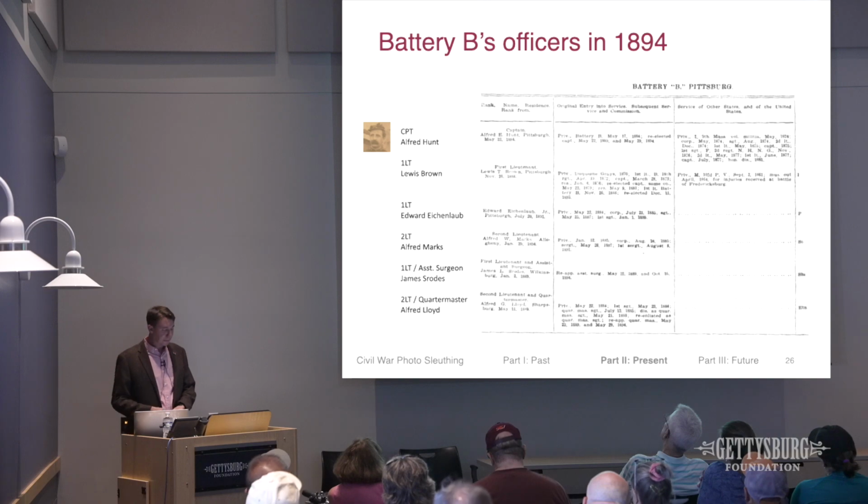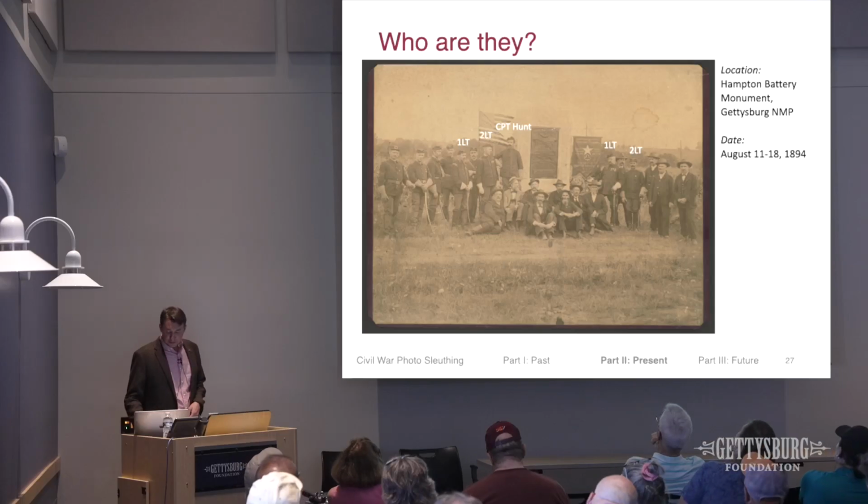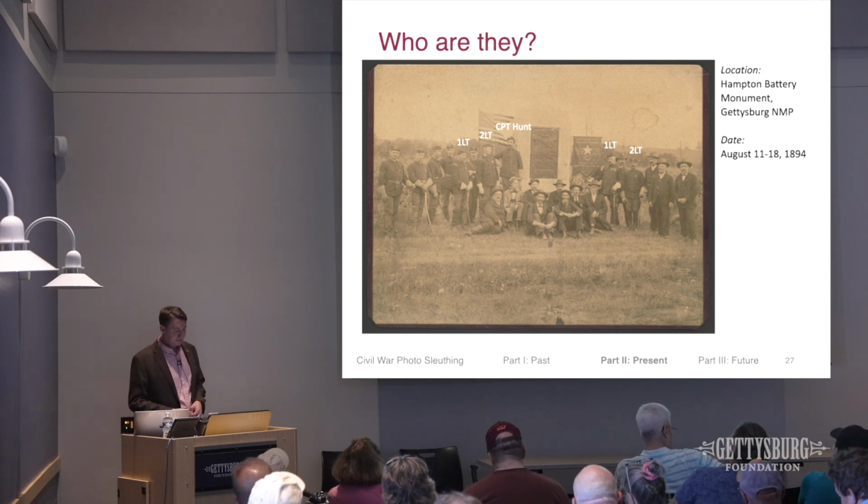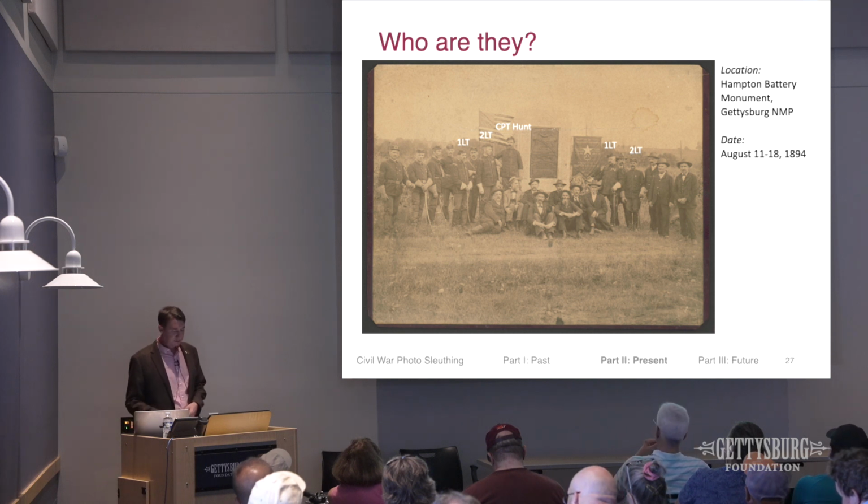And then we have Lewis Brown and Edward Eichenlaub and James Srodes as first lieutenants, and we have Alfred Marks and Alfred Lloyd as second lieutenants. Apparently it helped to be named Alfred if you wanted to get promoted in this unit. So taking that roster and the fact that we only have 2 second lieutenants pictured here, we can pretty confidently guess that they are the 2 pictured here.